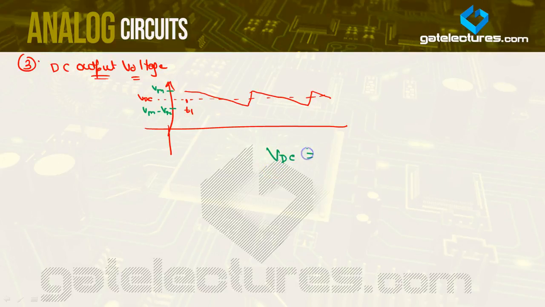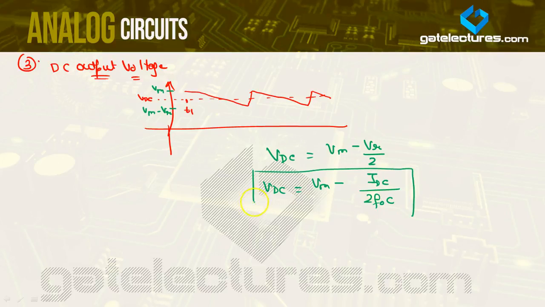VDC is equal to the average of the two extremums, so VDC is equal to (Vm plus Vm minus Vr) by 2, which is Vm minus Vr by 2. And VDC can be written as Vm minus IDC upon 2 f naught C. Understood?